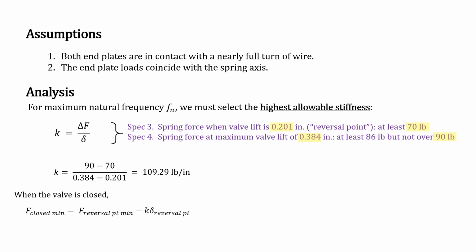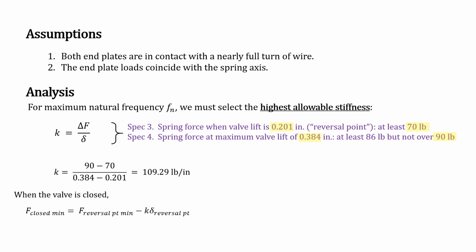When the valve is closed, this is your minimum force at that reversal point, which is 70 pounds, and then you have to take away your stiffness times that displacement, which is a force.